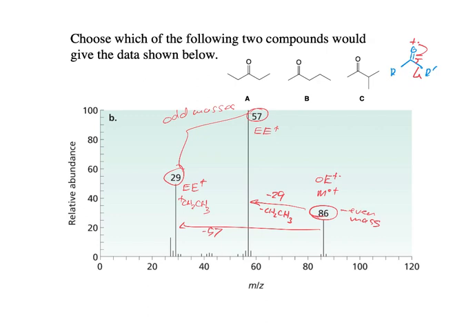And we form this acylium type of ion. For each of these, we could cleave here, and the charge would stay with the carbonyl. So if all of these start with 86, this would be 43.